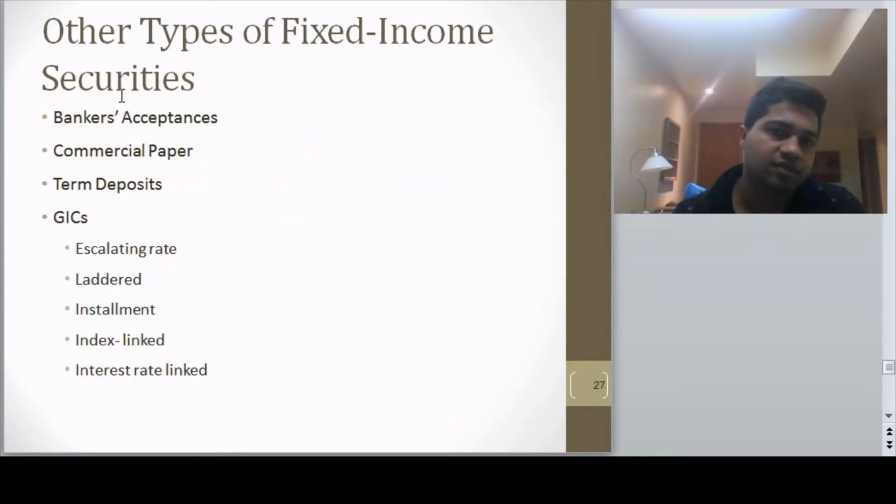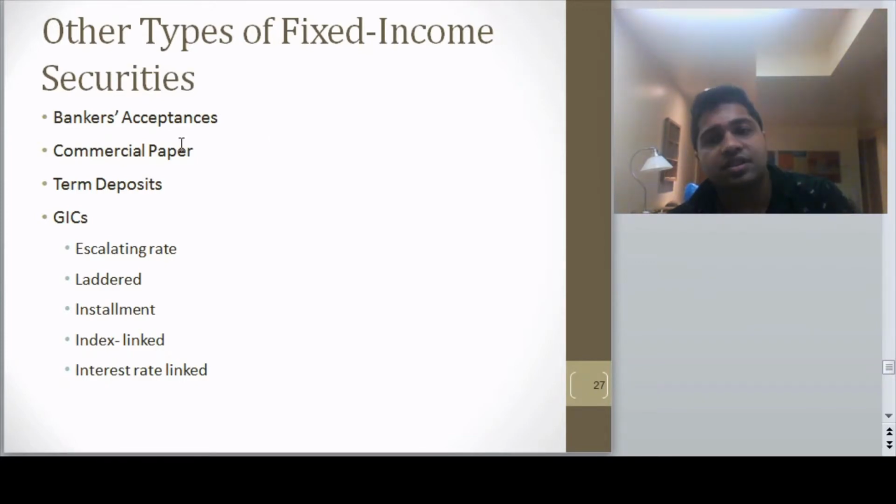Other types of fixed income: bankers' acceptance. Generally, banks guarantee the maturity payment. A company issuing bankers' acceptances generally issues them at a discount. So you pay $900 to buy that bankers' acceptance. After 1 year, you get back $1,000 from the bank.